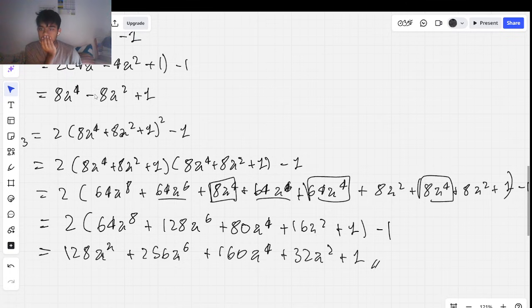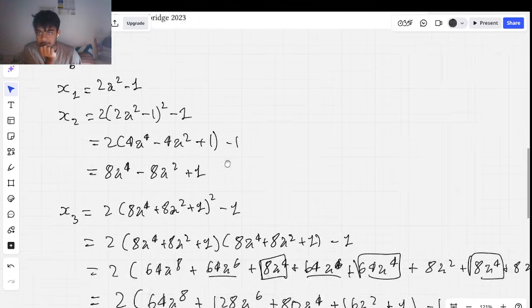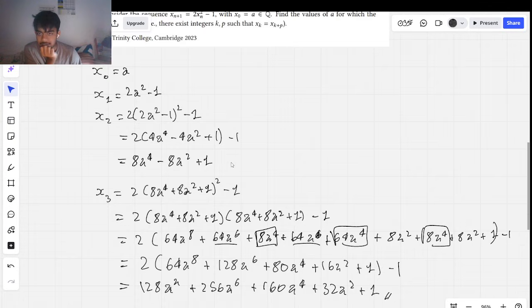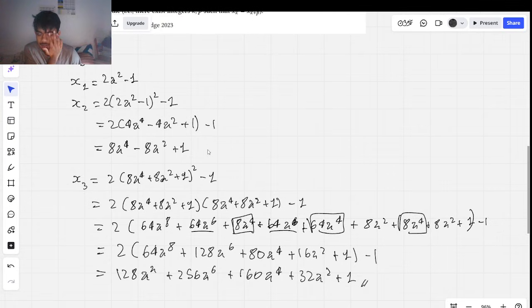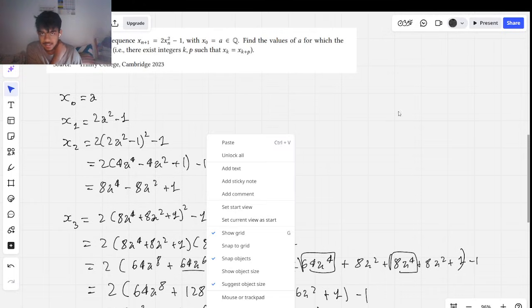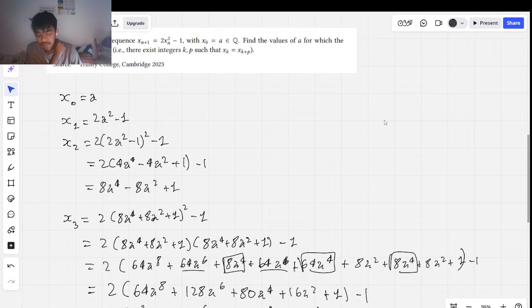Okay, so I have generated a few terms. And I can't notice anything important. Well, I think it's very important to note that a can be written as, let's say, alpha over beta, where beta isn't 0.